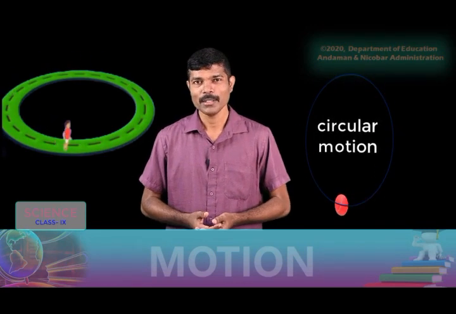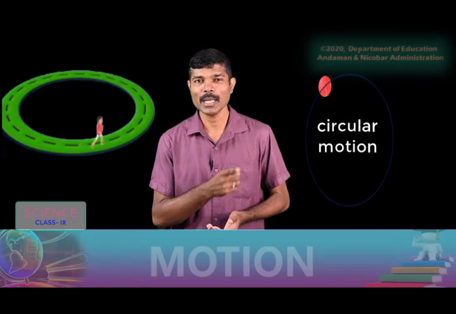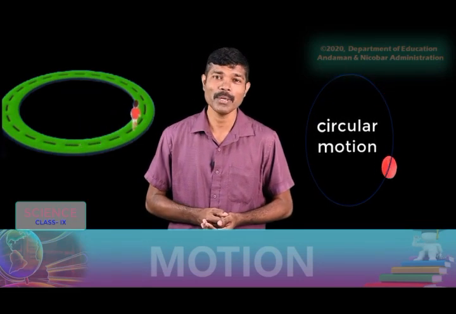Any object which moves in a circular path or follows a circular path, we say the object is in circular motion. Now we try to understand how a circular path is formed.